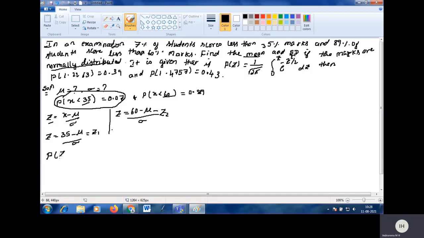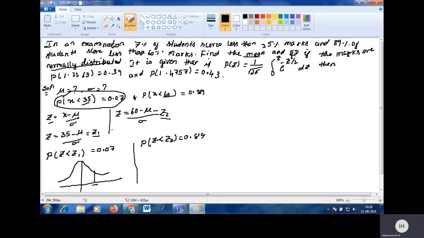Probability of z less than z1, where x is 35, is equal to 0.07, and probability of z less than z2 becomes 0.89.